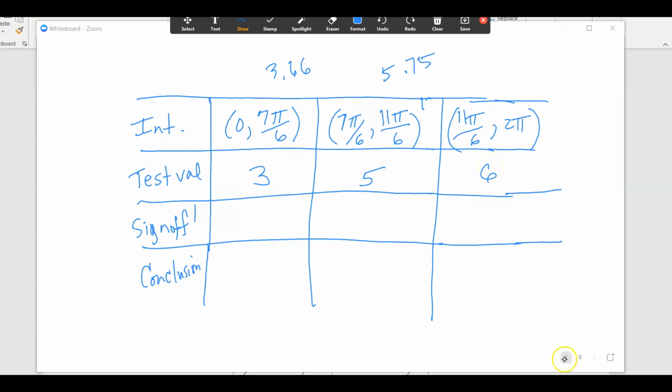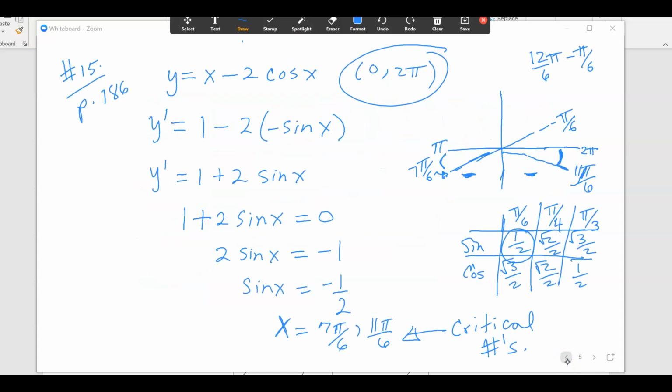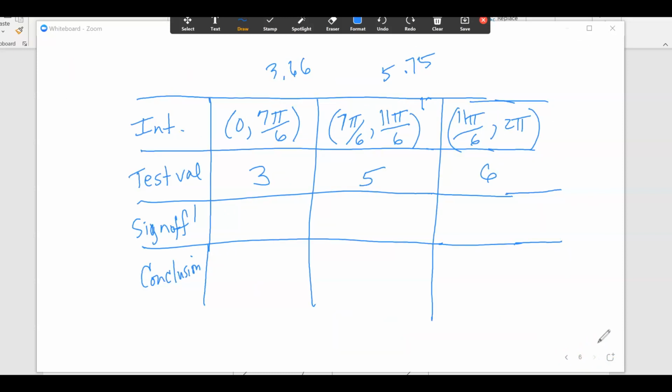And we're going to go back to the derivative of our function. What's the derivative? 1 plus 2 sine of x. And I'm just going to plug that value in and see what we get. 1 plus 2 times the sine of 3.